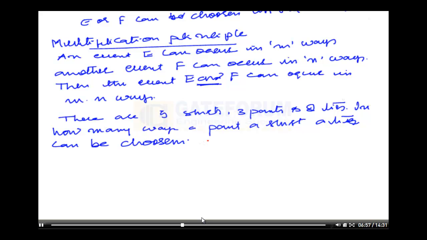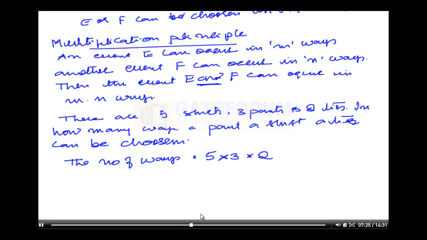Therefore, if you want to choose one shirt, you can do so in 5 ways. If you want to choose a pant, you can do so in 3 ways. If you want to choose a tie, we can do so in 2 ways. As we are choosing pant and shirt and tie, we are multiplying them.